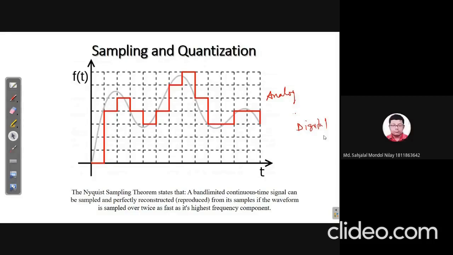Now let me tell you one very practical example. When we speak over phone, we can understand each other, right? From the voice we can recognize what the other end is saying. But when we exchange a telephone number, or the spelling of a certain word, we need to repeat a couple of times.